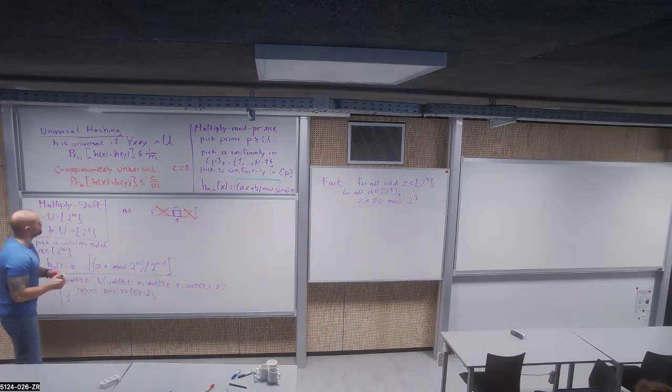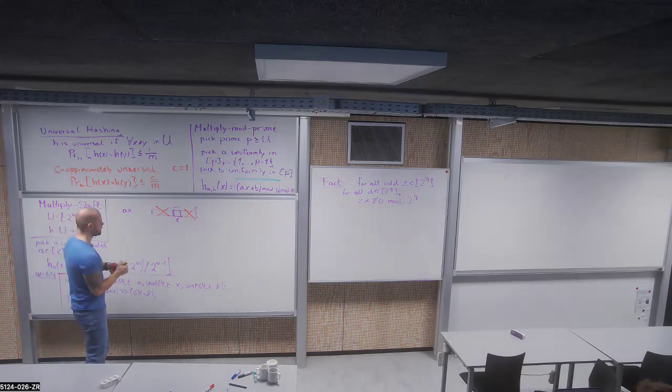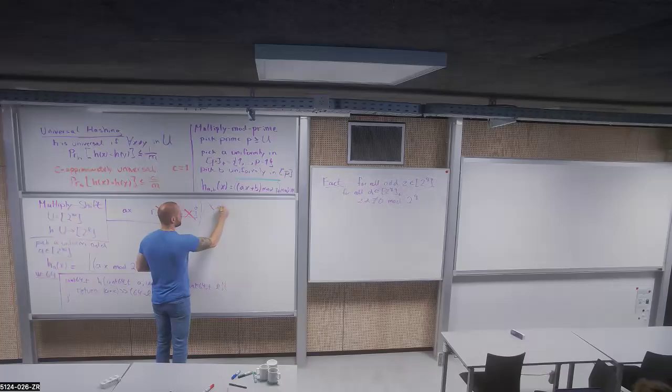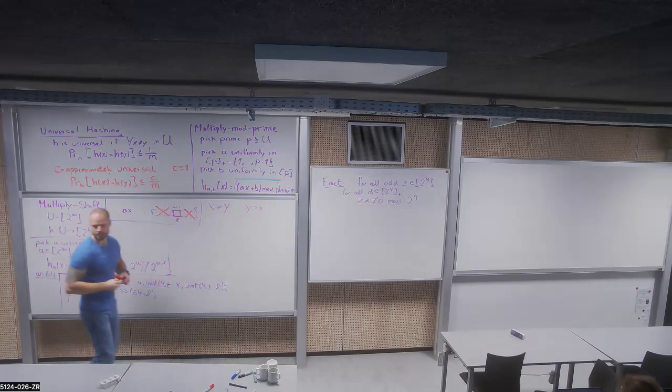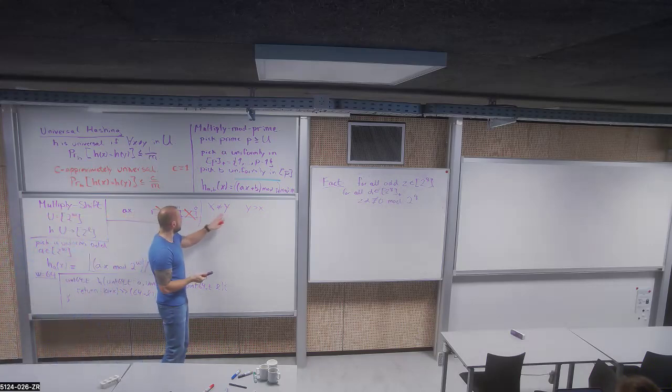So let's say we have an x and a y that are not the same, x not equal to y, and let's assume without loss of generality that y is larger than x. Let's see when it could be the case that the hash of x and the hash of y are the same.